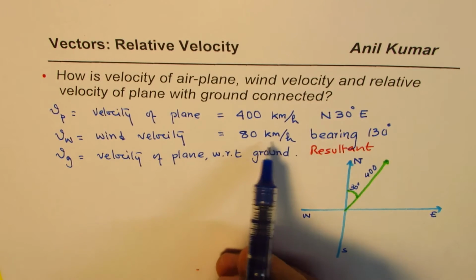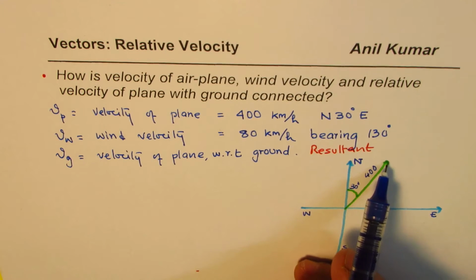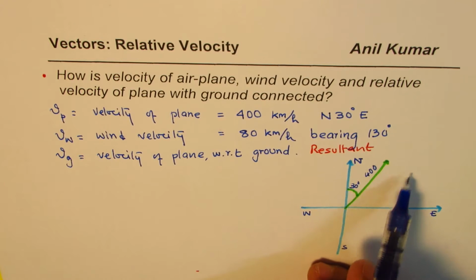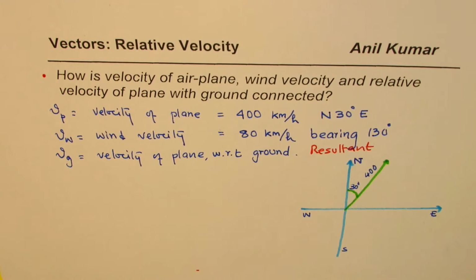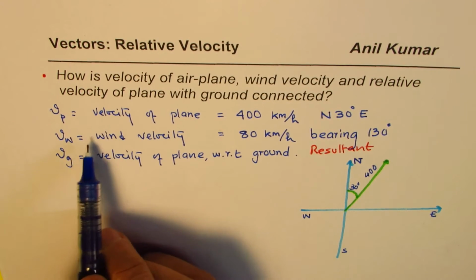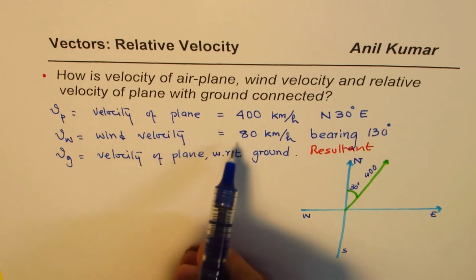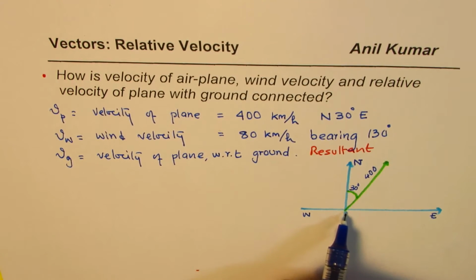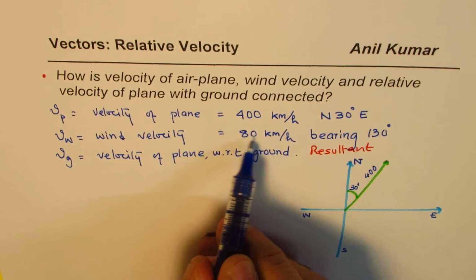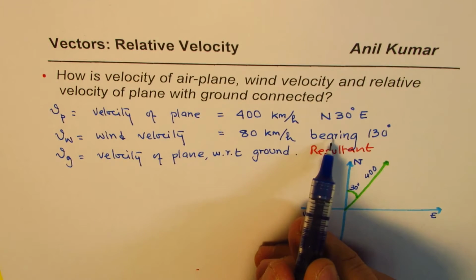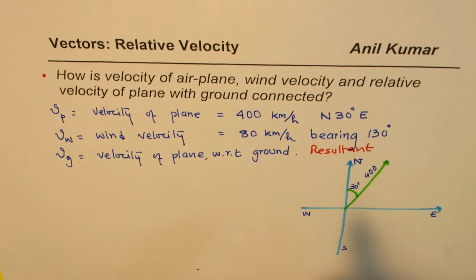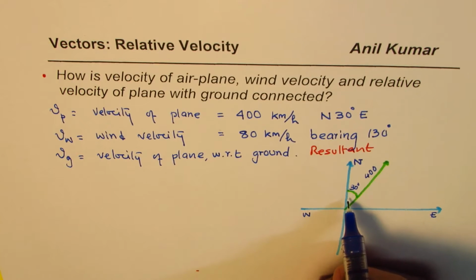Now wind is 80 kilometers per hour, so it hits there and moves the plane towards this side. But normally what you should do is always represent the velocities or any vectors from the origin, right? So here we'll say 80 kilometers per hour, bearing of 130 degrees. 130 degrees is from north, right?